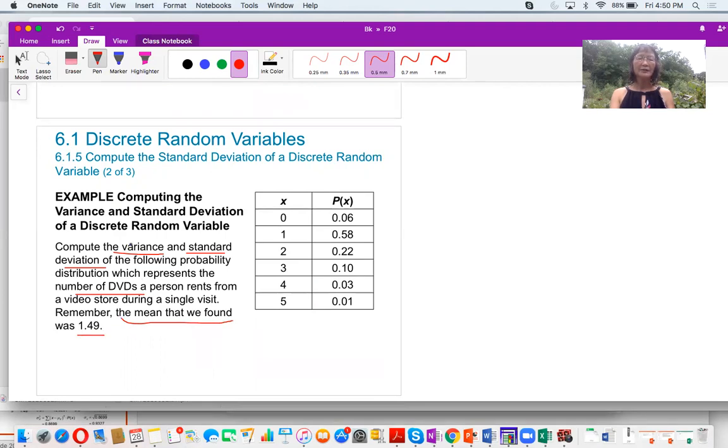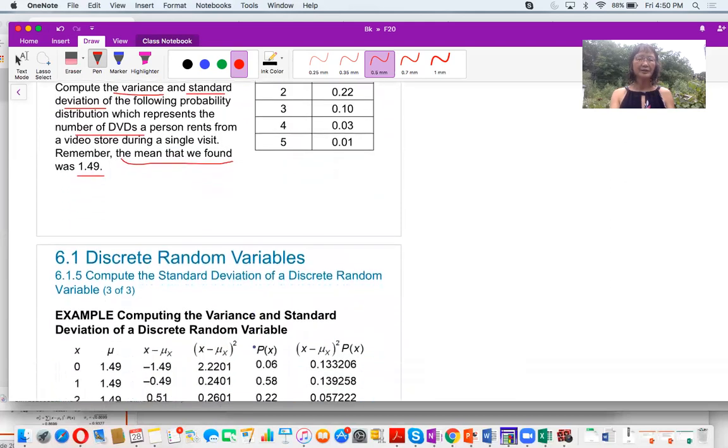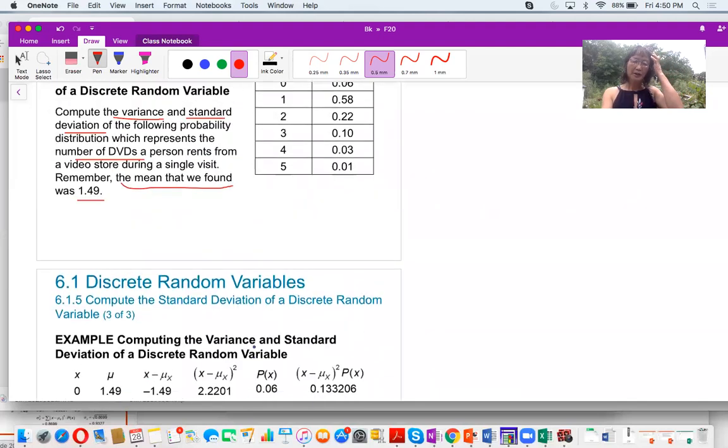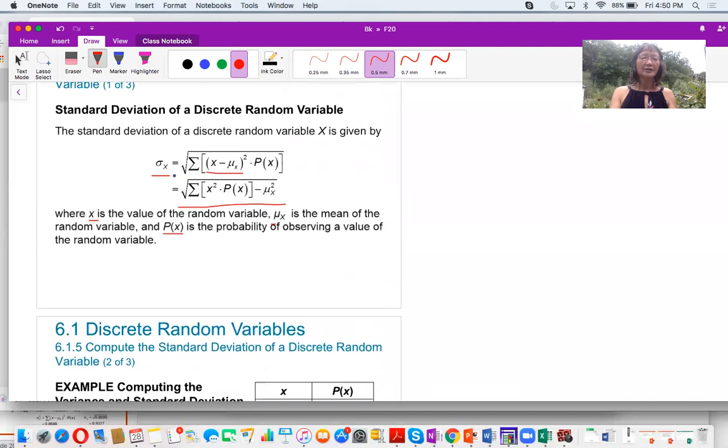Next, we are going to calculate the variance and the standard deviation. So what is variance? Sigma x is the standard deviation, and variance is sigma x squared.